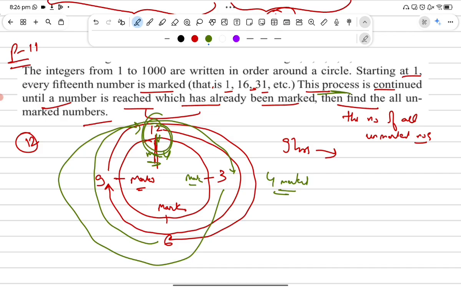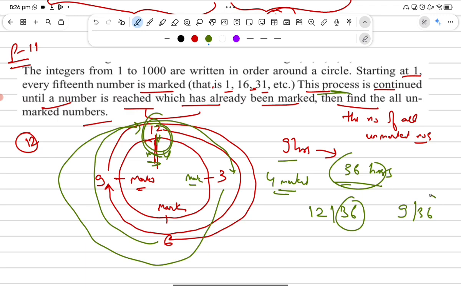Why did it happen? In total, you covered 36 hours, right? 4 times 9. Why did you reach the original position once you finished 36 hours? That's because 12 divides 36 and 9 also divides 36. It's because 36 is the LCM of 12 and 9.